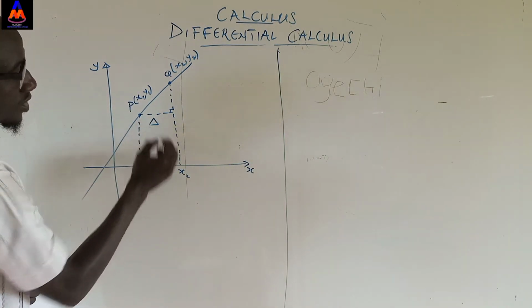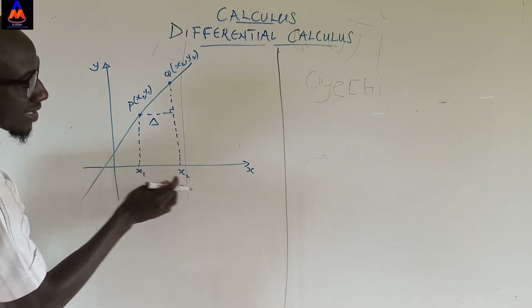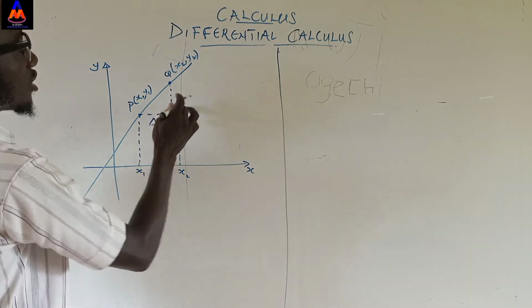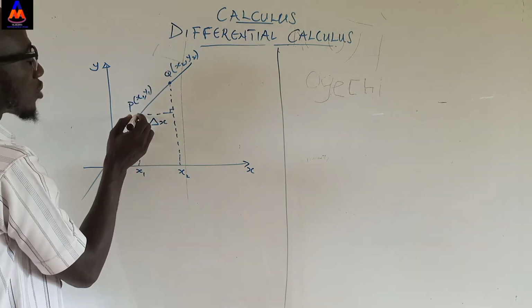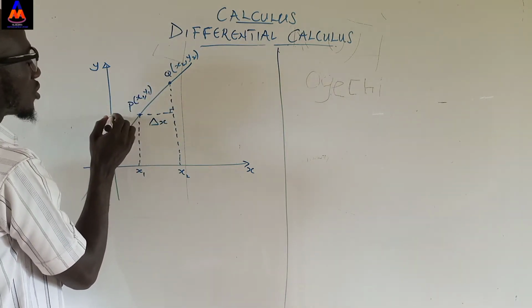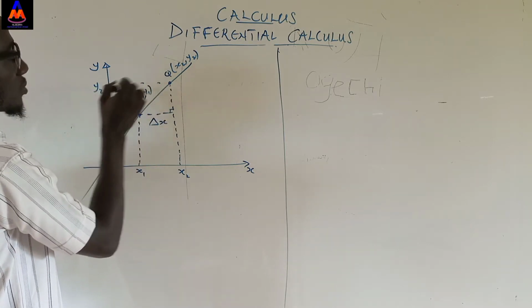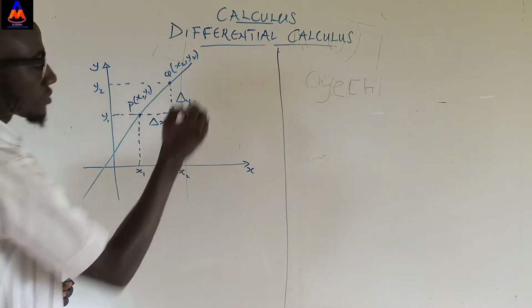Here you have an increment in the x-axis, which we call delta x, the change in x. There will be an increment in the y-axis, from y1 to y2, and this is called delta y.